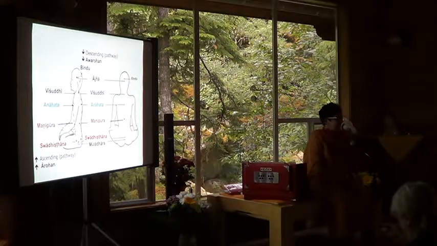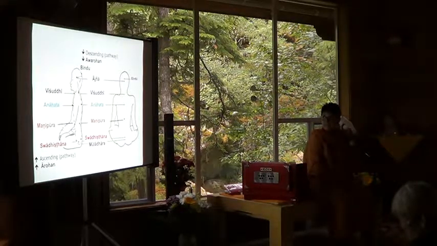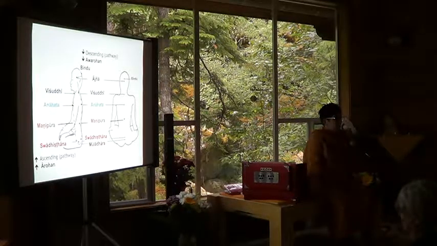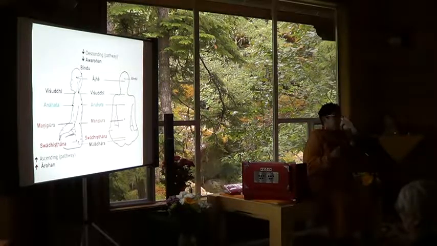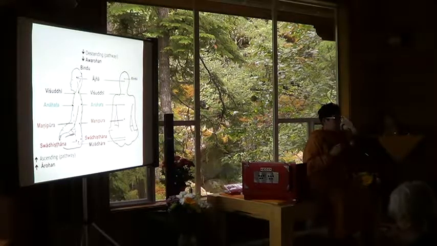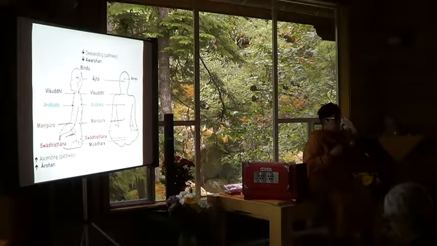So Swadhisthana and Muladhara, very close proximity. How do you know which is which? It's a good question, and this can be confusing. It's easy, I think, if you think of Swadhisthana close to the pubic bone. So you go from the pubic bone towards your spine.